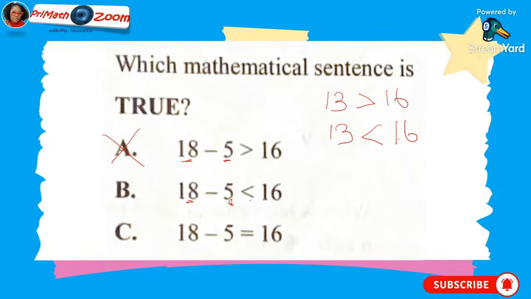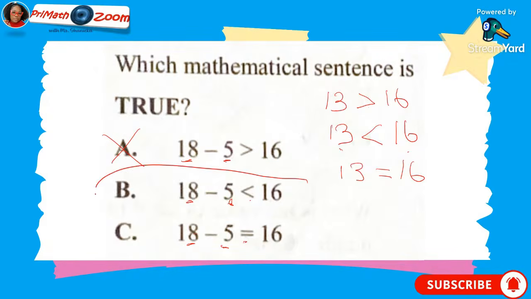So this statement is true because 13 is less than 16. But let's also check C. 18 minus 5 is 13. The sign is equal, then 16, but 13 is not equal to 16. So our correct answer for this one is B. Good job. Awesome work, guys.